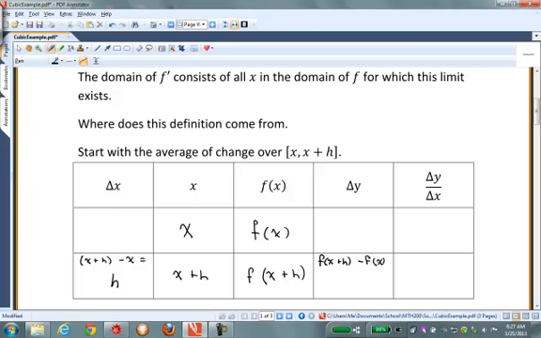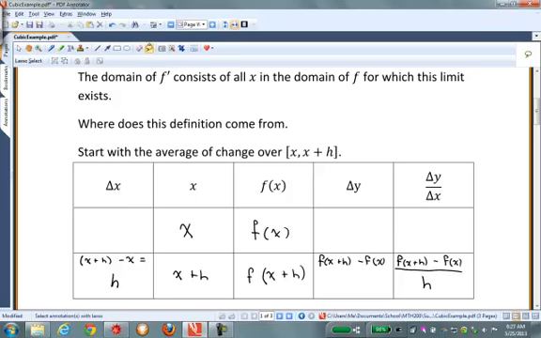And so the average rate of change in y with respect to x, or in f with respect to x, we could say, is going to be f of x plus h minus f of x all over h.